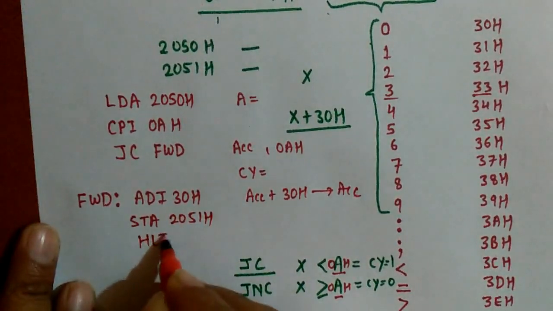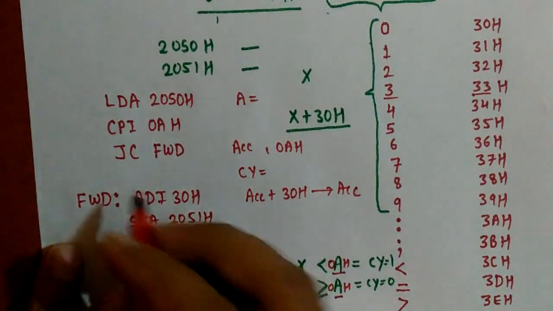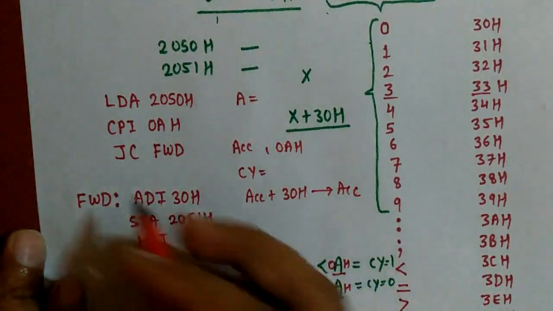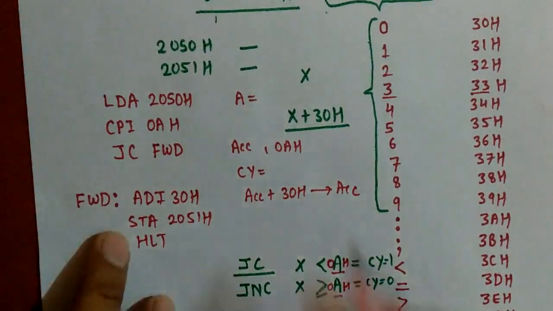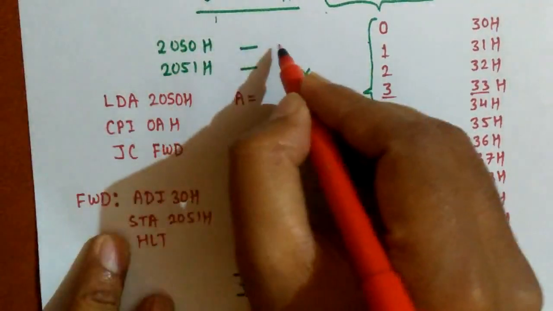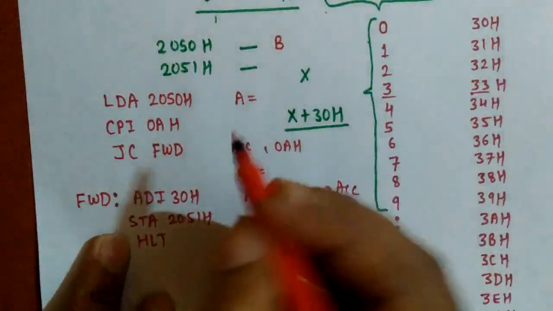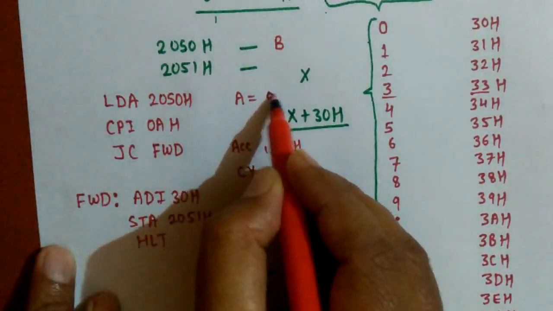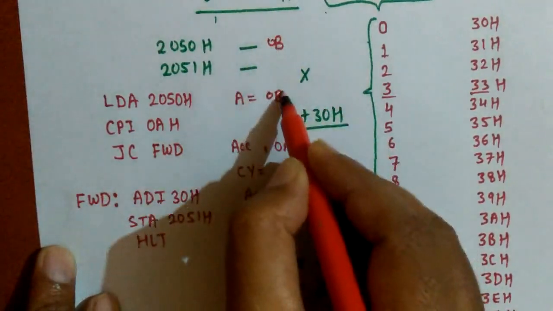After that, halt. Remember that we have not yet written any instruction for the case of carry equal to 0. So what will happen if the number given here is, assume, B? At this stage the accumulator will have the number 0BH.